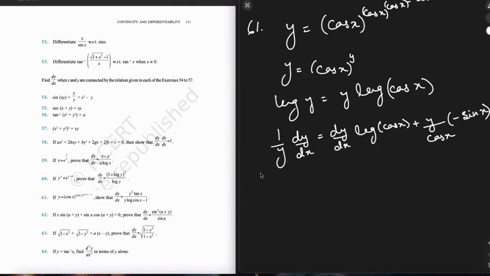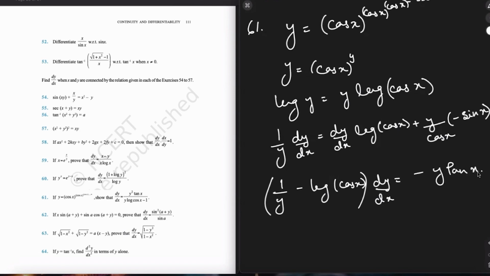So now dy by dx times (1 upon y minus log of cos x) is equal to minus y tan x.